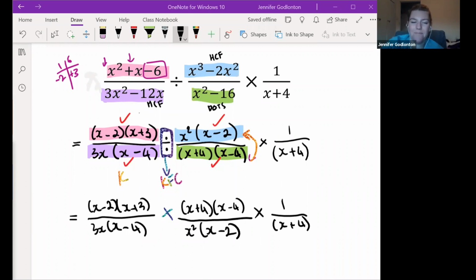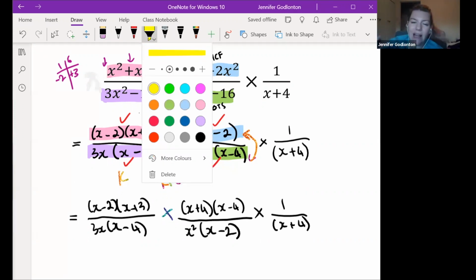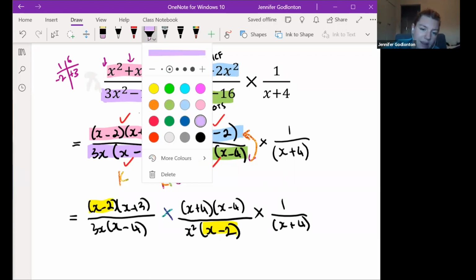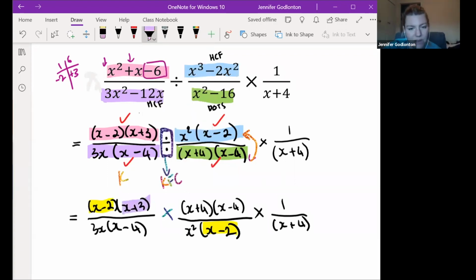I don't hate that. Okay, I'm going to cancel by highlighting, just because I don't want to draw lines through it, because then you're going to miss what the answers are if you want to take a screenshot of this question. So this x minus 2 is going to cancel with that x minus 2. This x plus 3 can't cancel with anything. This x plus 4 can cancel with that x plus 4.